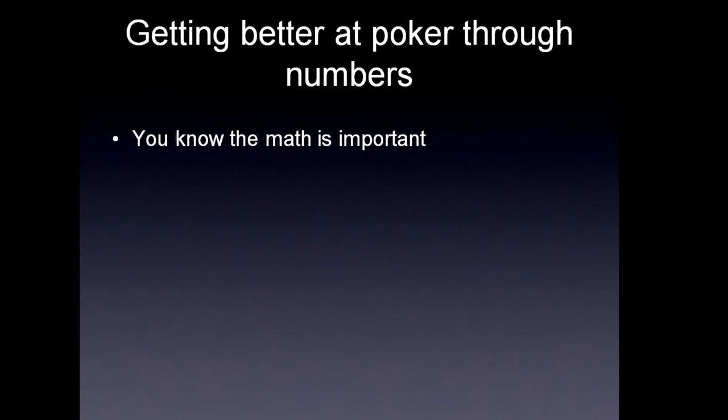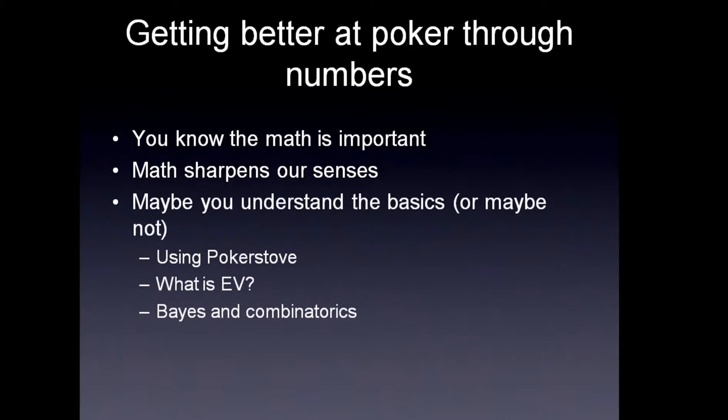I know it doesn't apply to myself, which is why I've run so much poker math in my life, because that's what sharpens my senses. I don't have that innate ability to just play hands, see what works, see what doesn't work, and improve like that. So I think this does apply to most people, and even if you do have that innate sense, I still think understanding the math can only help.